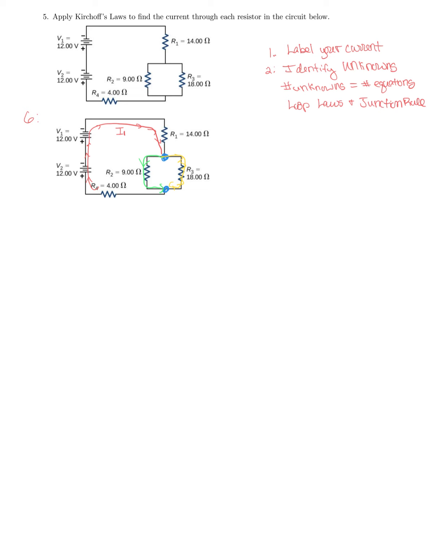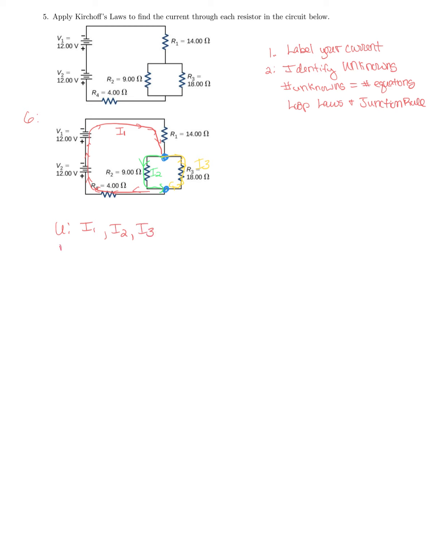This is I2, and this is I3. So now we have 3 unknowns. We don't know I1, we don't know I2, and we don't know I3.